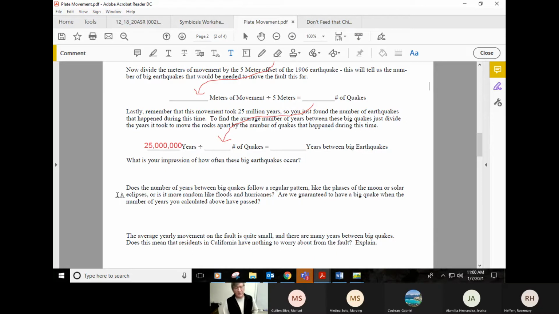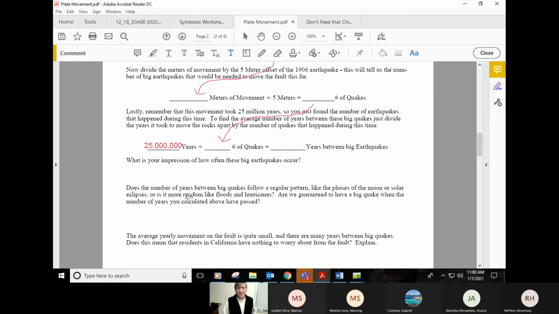We know there's going to be a solar eclipse on this day. We can calculate that. It's a very regular pattern that we can figure out. Or is it more random, like a flood or a hurricane, some event that we're not sure when it's going to happen? And it kind of depends on a variety of factors when it does happen.